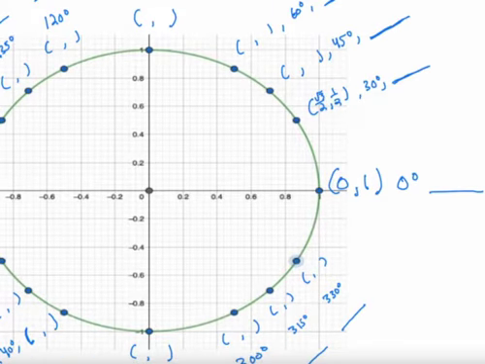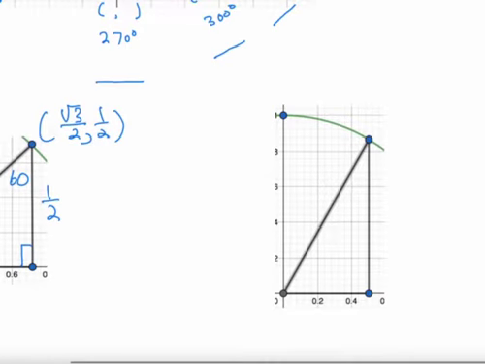Next I'm going to jump up to the one for 60 degrees, and we can do the same thing, except this angle would be 60 degrees. So this is a blow up of the circle, and if that angle is 60, this angle is 30, and here we have 1. The short side is half the hypotenuse, and the long side is the short side times the square root of 3.